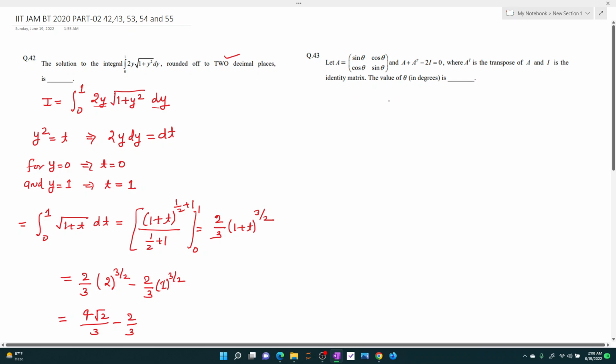Let's go to question number 43. Here we are given a matrix A, that is sine theta, cos theta in the first row and cos theta, sine theta in the second row, and an equation.